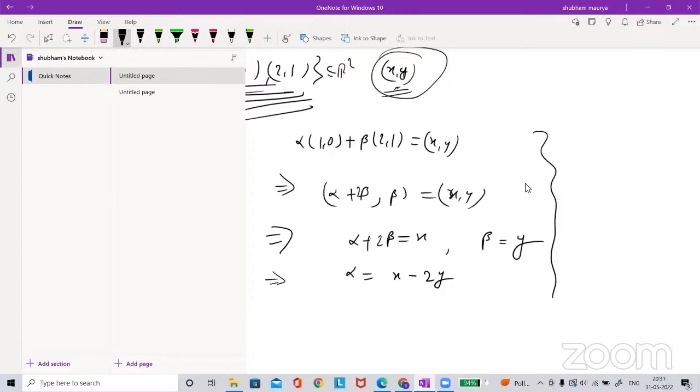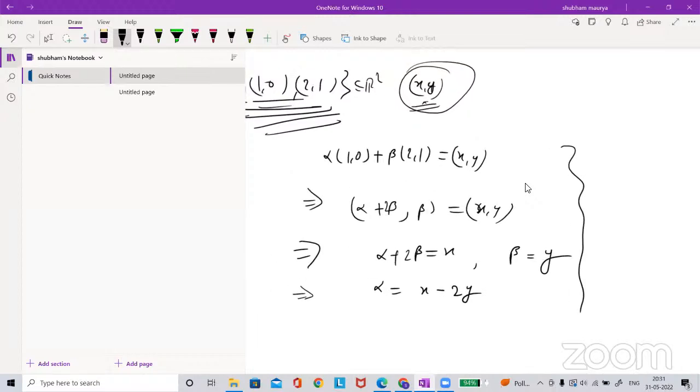Suppose this is a vector of R2 and you are saying this is a spanning set of R2. (1,0) and (2,1) are the vectors. I think (1,0) and (2,1) are the spanning set of that particular vector. If you add some alpha and beta to it, then you get the linear combination, but the vectors in this set itself are the spanning set.